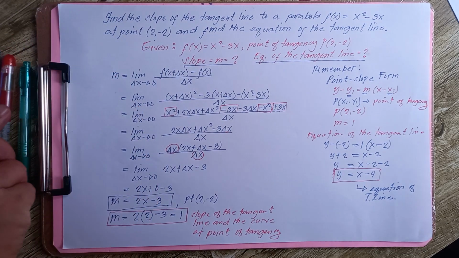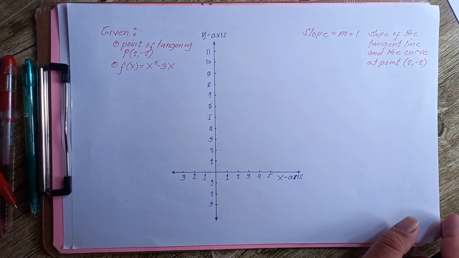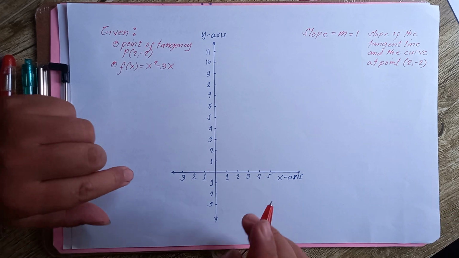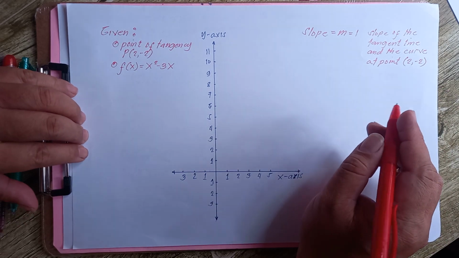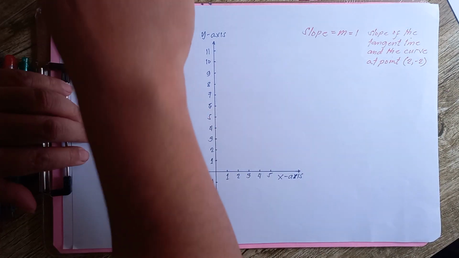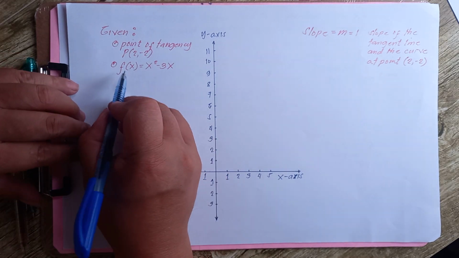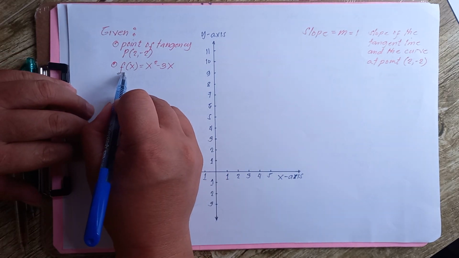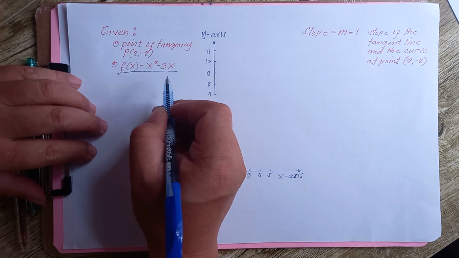So if we are going to graph the parabola, notice that we need to go over our parabola. So what is our parabola? Our parabola is f of x is equal to x raised to 2 minus 3x.